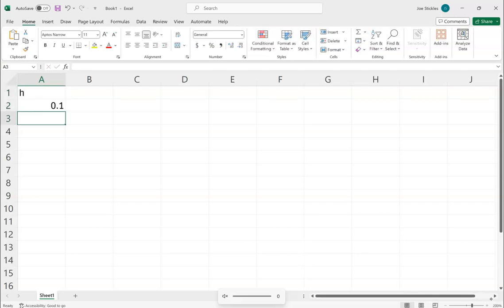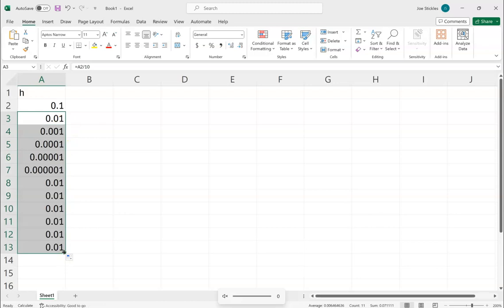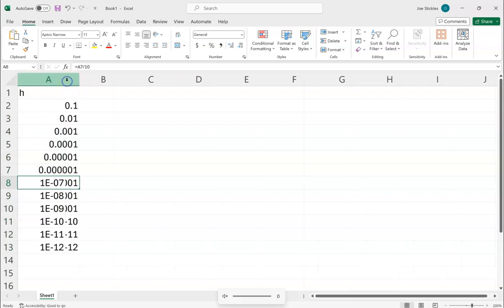First one I'll put in 0.1, and then I'll just divide it by 10 each time. Why are you not working? What is going on with everything today? A2 divided by 10. Okay. Divided by 10 each time and copy it down a ways. What do you mean 0.01? There we go. Oh, it's a little bit better. I don't know why everything's getting crazy this morning.